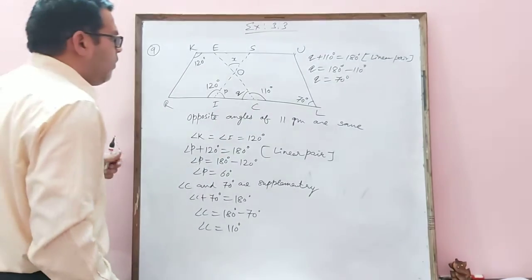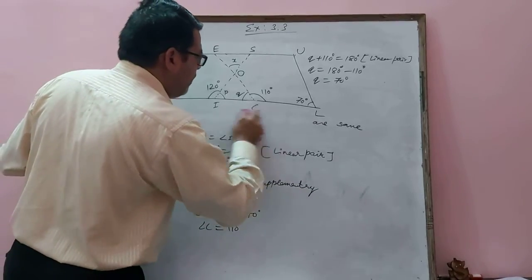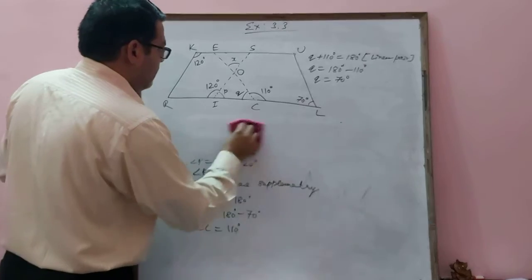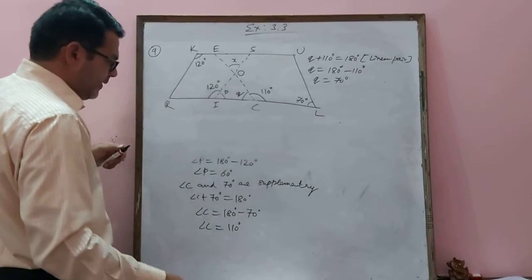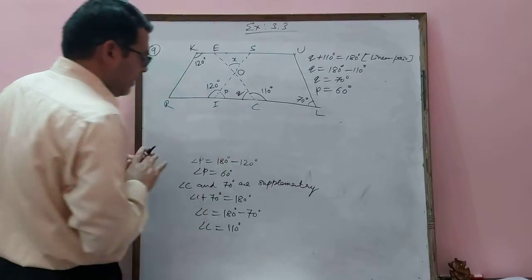Right? Now let me erase this part. Board is full. That's why I need to erase it. Value of P is 60. I am writing here. Right?